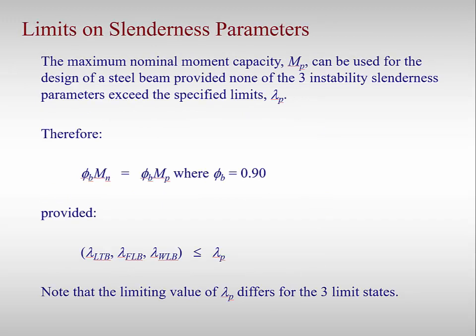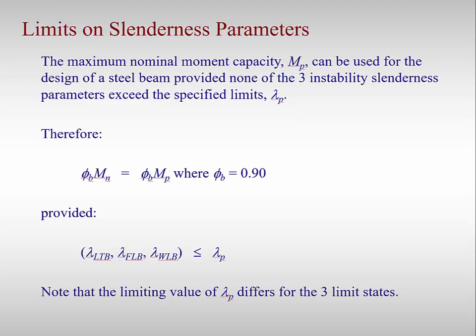Provided none of the instability parameters control, the nominal moment capacity of a beam is given by the plastic moment M sub p. We then say that the nominal moment capacity M sub n is M sub p. Each instability limit state has its own slenderness limit, lambda sub p, where the subscript p means that this is the limit for a beam to reach its plastic moment.